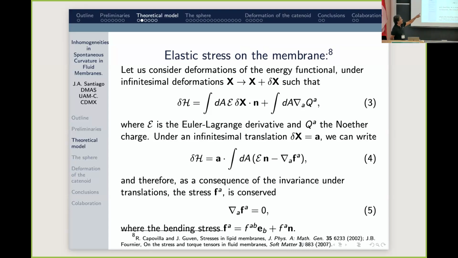You can see that only the deformations along the normal direction are involved in the Euler-Lagrange equation, right? Delta x dot n. Any other deformations are included in the term that is another charge.